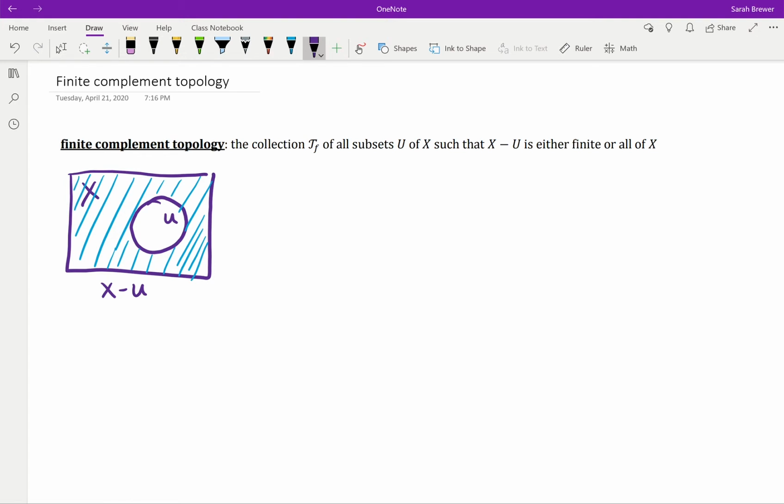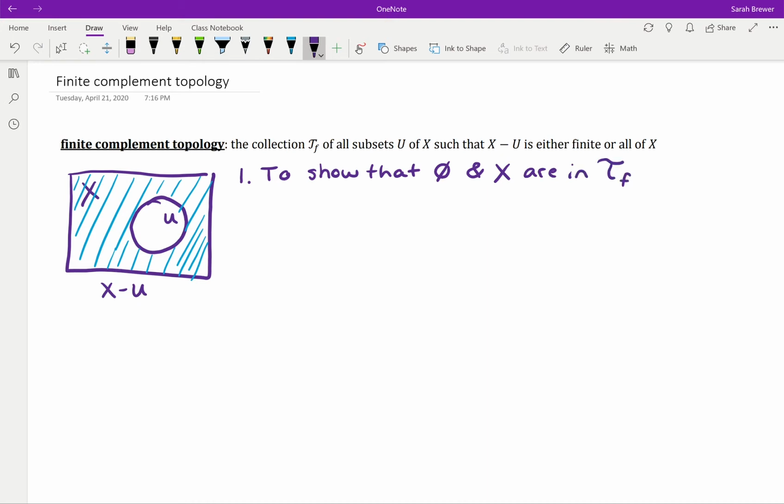So remember that our first criteria is that we have to show that both the empty set and the entire set itself are in the topology, right?